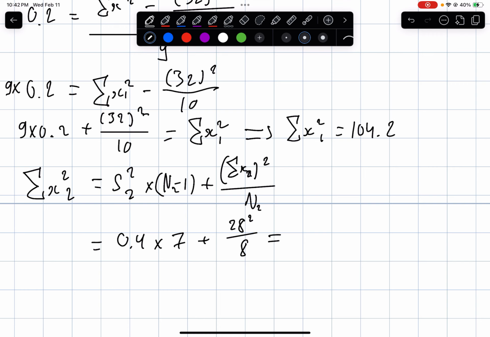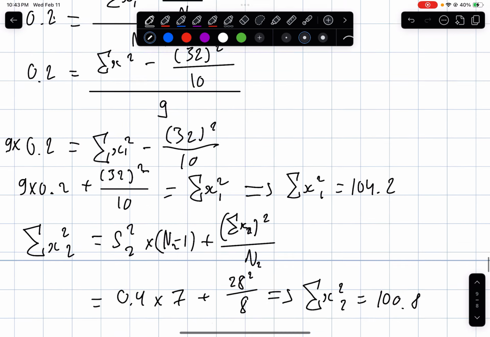Putting it in the calculator, 0.4 times 7 plus 28 squared over 8, we get 100.8.